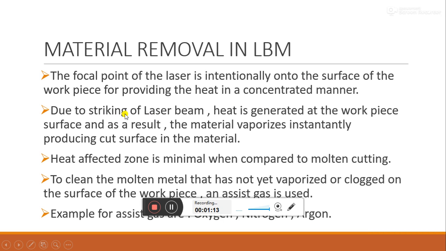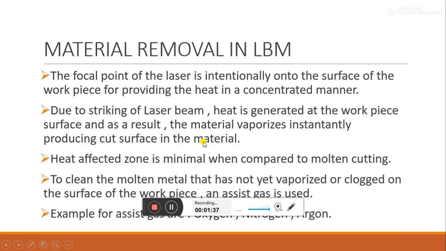Now, due to the striking of the laser beam, heat is generated at the workpiece surface, and as a result the material vaporizes instantly, producing a cut surface in the material. So this means when the laser beam strikes the workpiece surface, the material either vaporizes or melts due to the intense heat of the laser beam, and this is used to produce the cut surface.